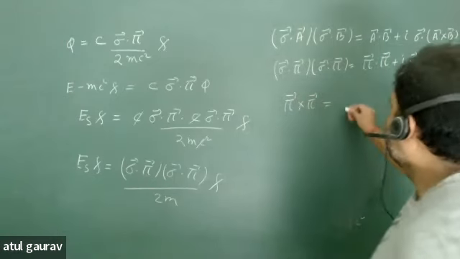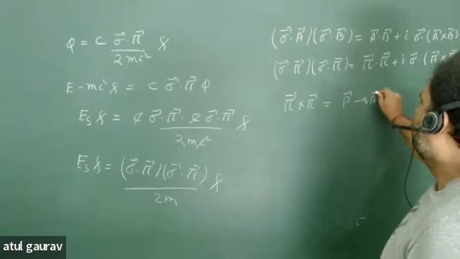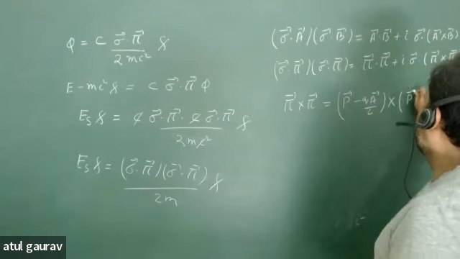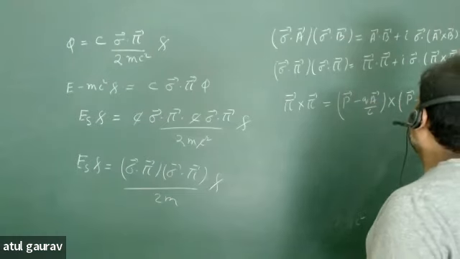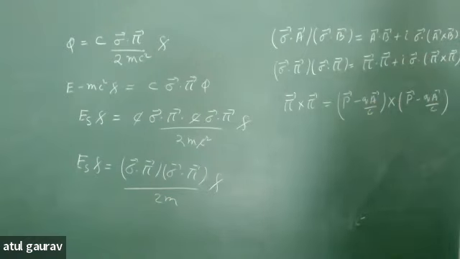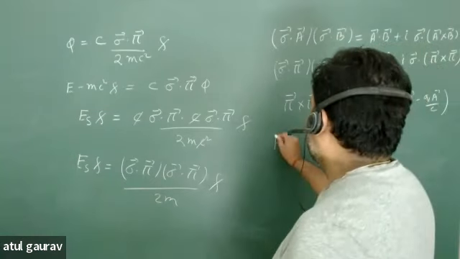And what is π? π is nothing but (P minus qA/c) cross (P minus qA/c), right? And what we are going to do is just open it. So what will happen?